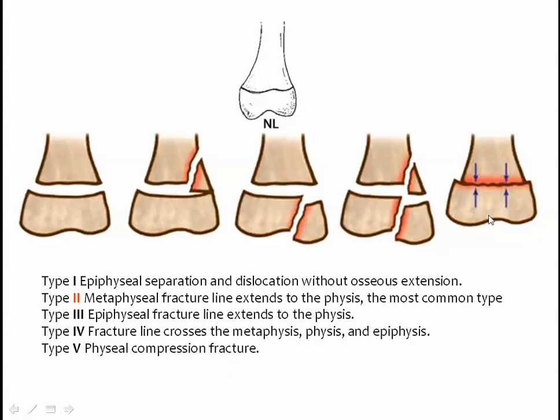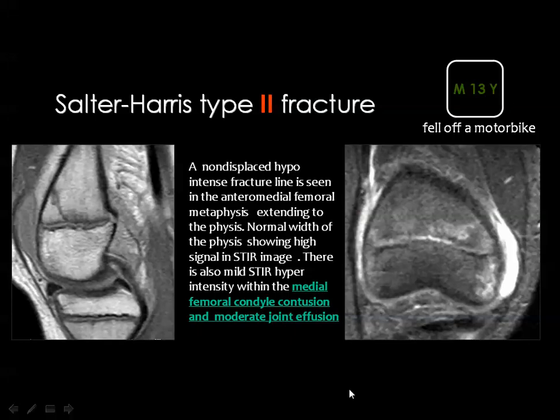You got impaction between the epiphysis and the metaphysis. I will show you some of these examples, and this is type 2 Salter-Harris classification with involvement of the metaphysis extending to the physis, and is best appreciated here in the sagittal proton density image.